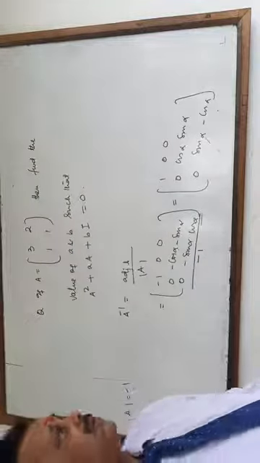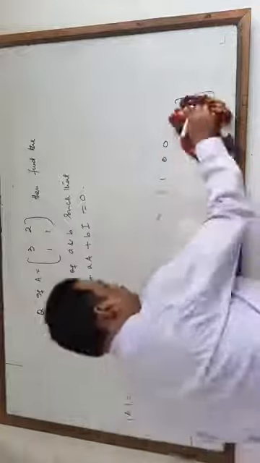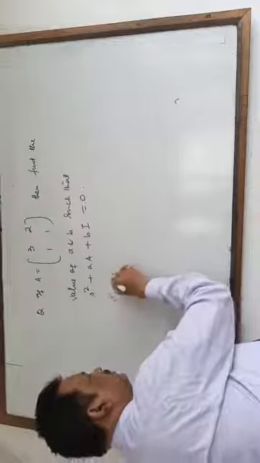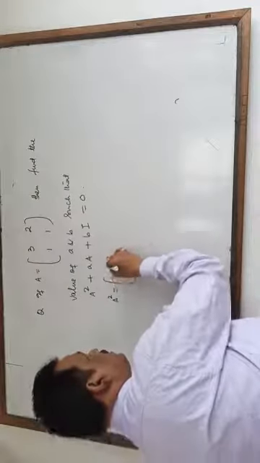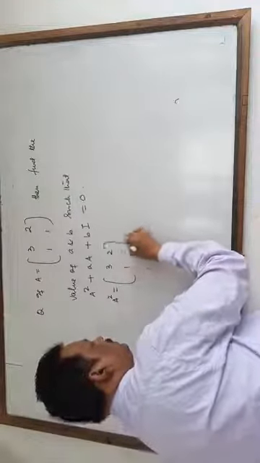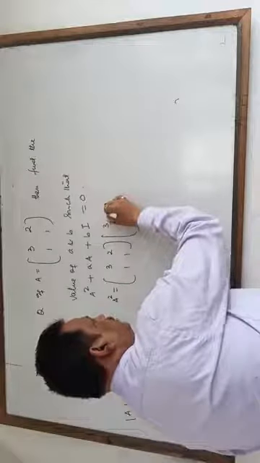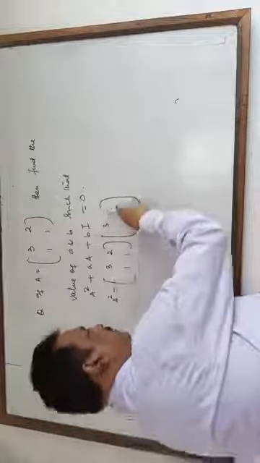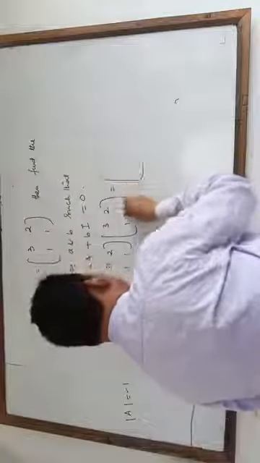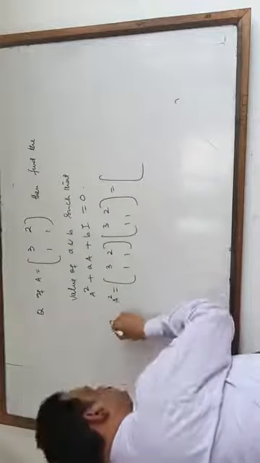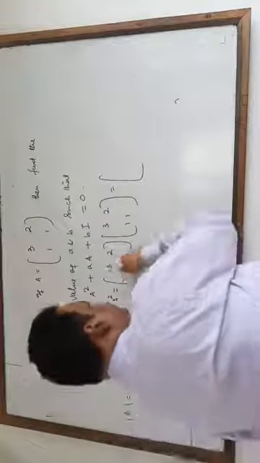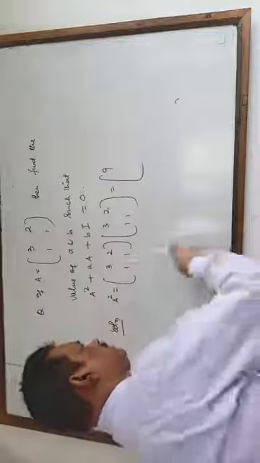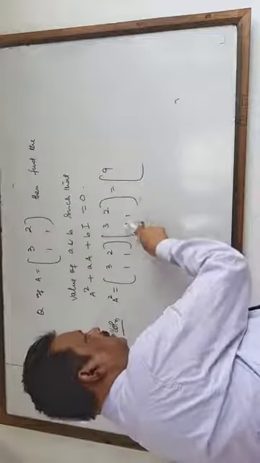Let's find out all the things here. Let's find what is A square. That is 3 2 1 1 times 3 2 1 1. Okay, let's multiply. This is our solution. 3 3 is 9 plus 2.